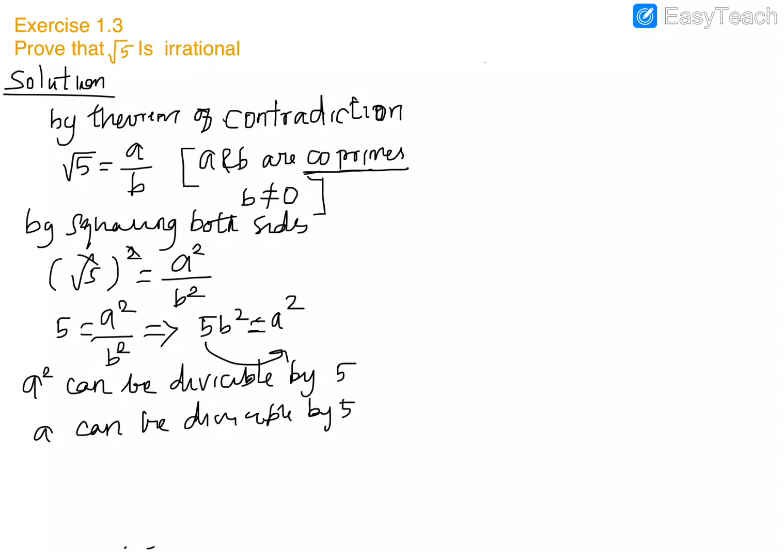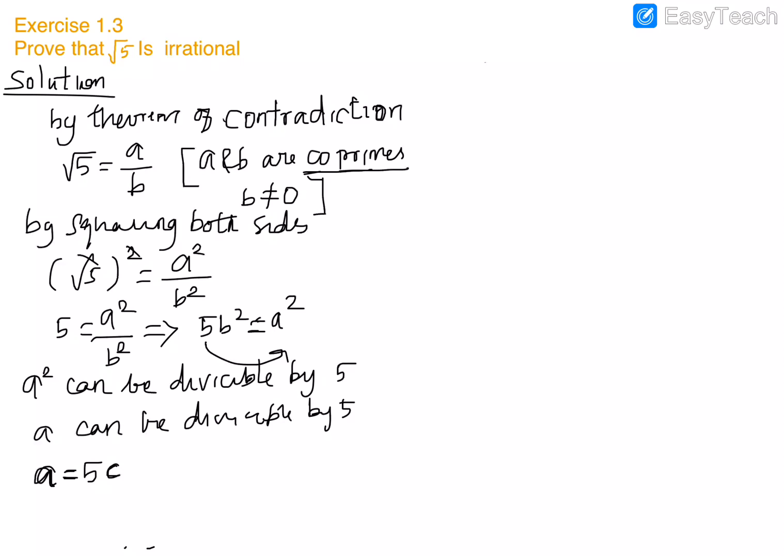In the next step, if a is divisible by 5, then a can be a multiple of 5. I take some value c, so a equals 5c, since a is divisible by 5.